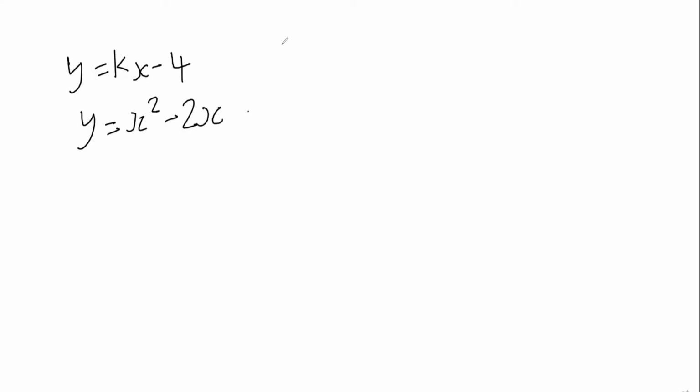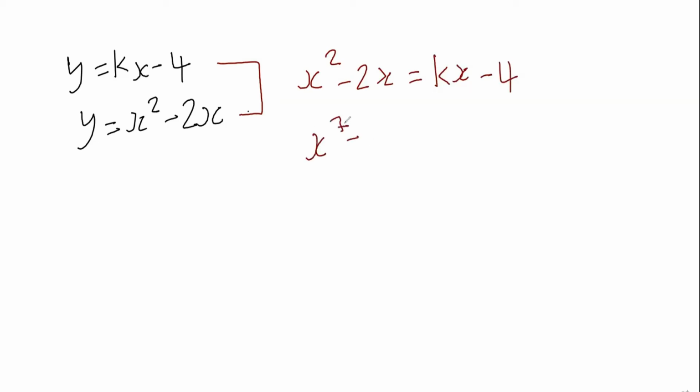Now we need to solve these two simultaneously, since they have 2 points of intersection. So substitute the line into the curve, and we do that in this case by equating the two of them. So x squared minus 2x is kx minus 4.